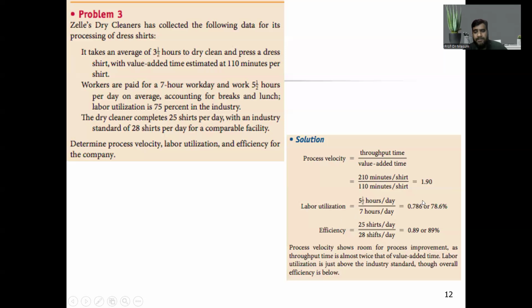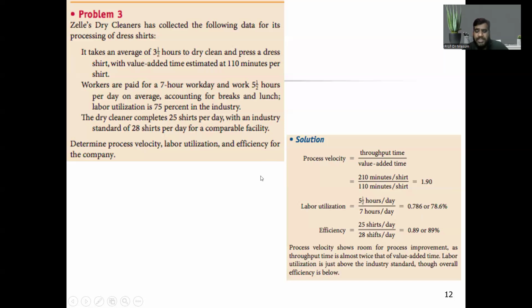So the conclusion is that although labor utilization is above the industry, efficiency is less than the industry standard. So you have to take care of labor efficiency. Although they're coming 5.5 hours to the office, they're not doing their jobs properly. So you have to take care of the people who are working in your factory.